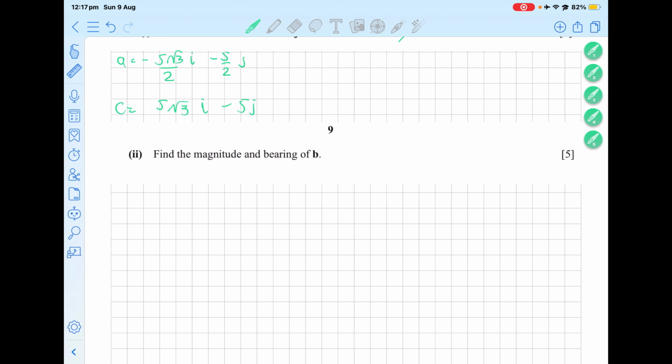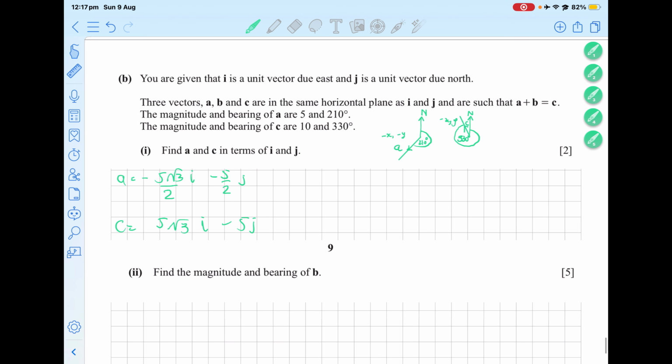So they told us that these are the magnitudes. Yeah, so just a minute, guys.